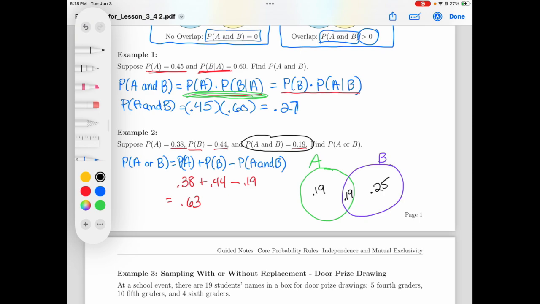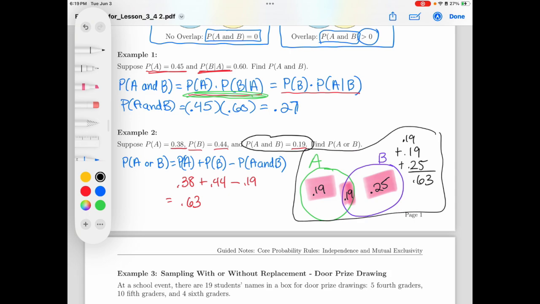So now when I want to find the probability of A or B and I don't double count, if I add up 0.19, 0.19, and 0.25 without double counting that 0.19, what I get is 0.63. So let me write that down. 0.19 plus 0.19 plus 0.25, that's going to give me 0.63. So looking at it with the Venn diagram, hopefully that helps you see how the formula works.